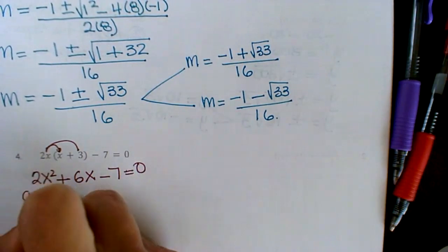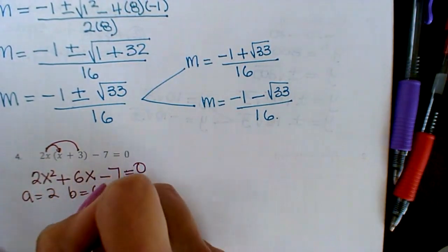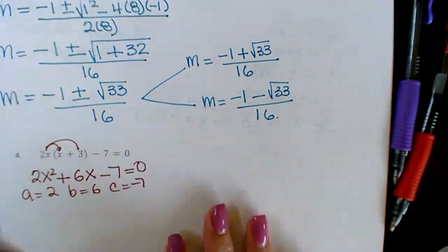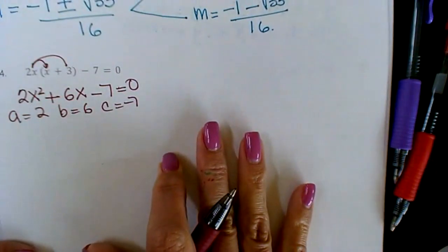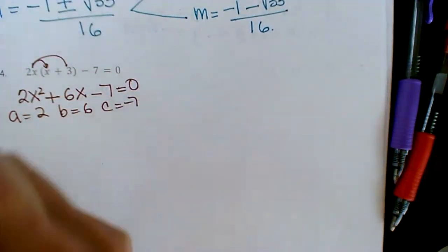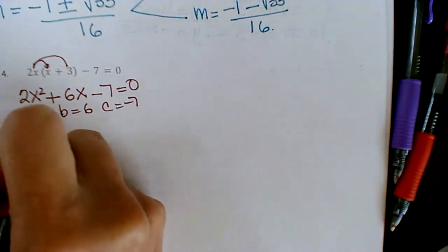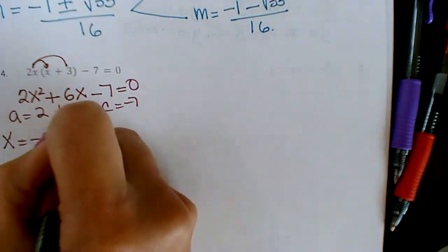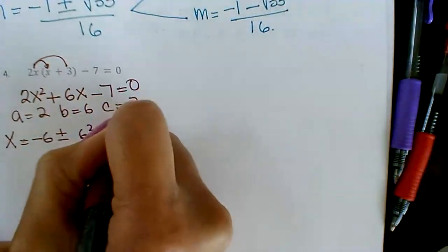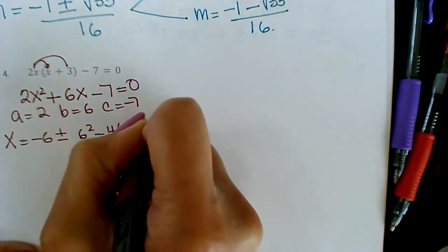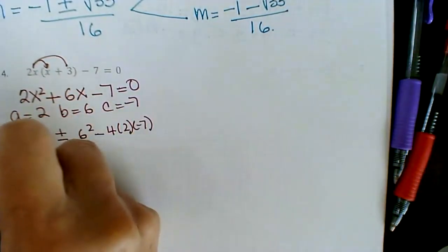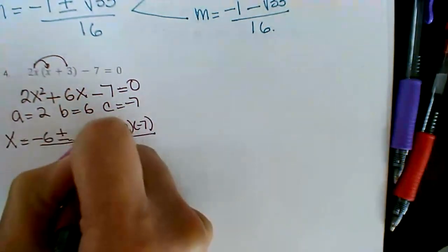A is 2, B is 6, and C is negative 7. So x is equal to negative b plus or minus the square root of b squared minus 4ac, divided by 2a.